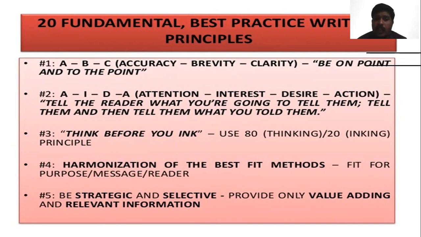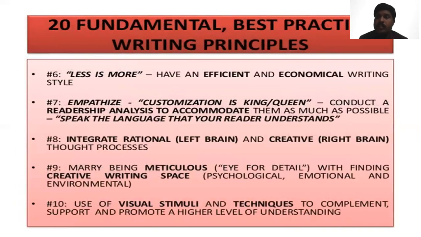Fifth one is be strategic and selective. So your information should be relevant to your research. Sixth one is less is more. You have to follow economical writing with a low number of pages. Seventh one is empathize. Eighth one is integrate the rational and creative. You have to balance both the left brain and right brain thought processes here. It should be meticulous.